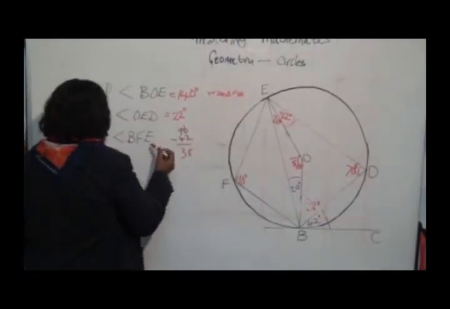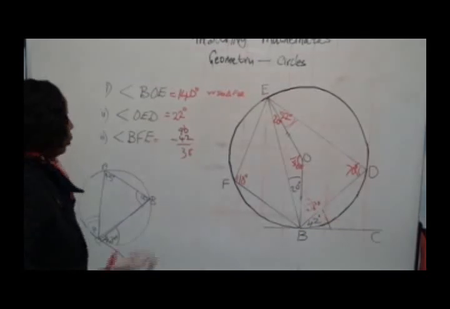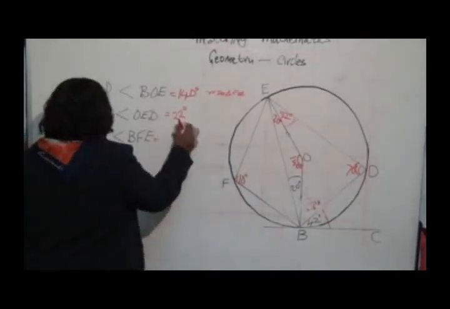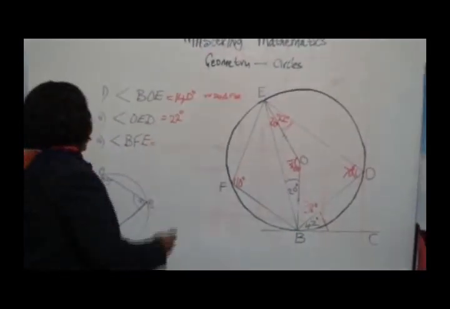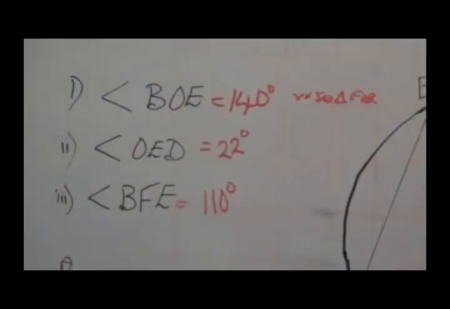We see right away that BFE was equal to 110 degrees, which is the opposite angle of a cyclic quadrilateral, FEDB, and we know the opposite angles are supplementary. And that is how the things drop out.